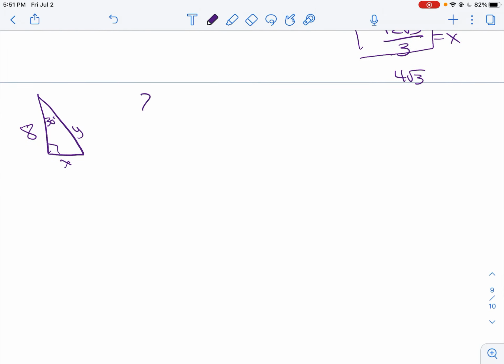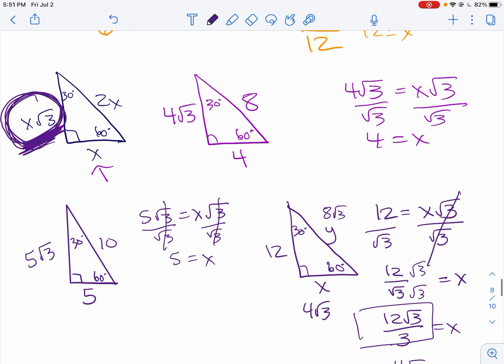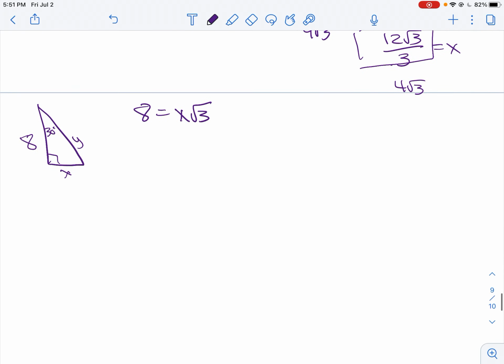So on this one, I take the 8 and I set it equal to x radical 3. Where did I get that from? I got it from right here. Divide both sides by radical 3. I get 8 over radical 3 equals x. But I can't have radical 3 in the denominator.